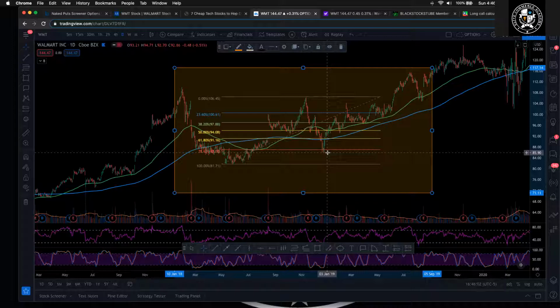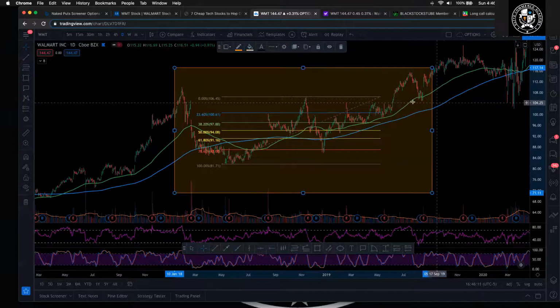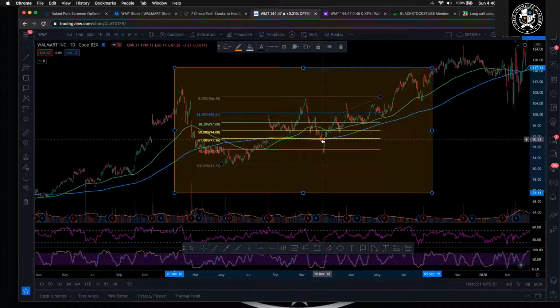Now, when I say that you don't just live and die by Fibonacci, you use this in confluence with other indicators. You see I got my 50 moving average and my 200 moving average. Price crossed the 50 and the 200 to the downside, so that let me know that it could potentially change in trend.